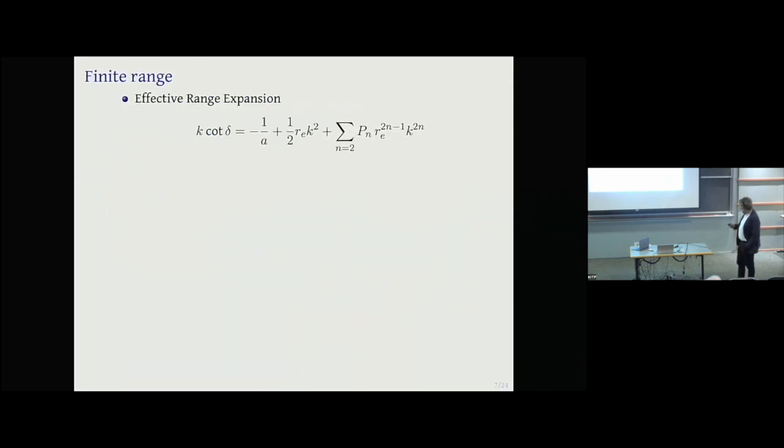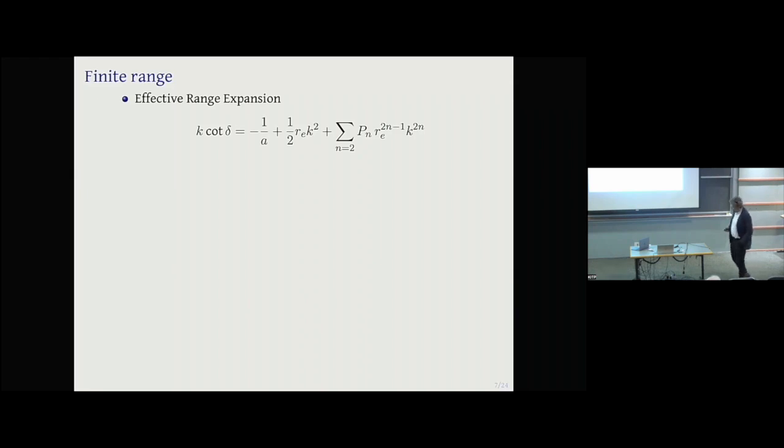So in the end, the zero range description, what I described just now, is like writing the effective range expansion, just considering the first term of this expansion, so just the scattering length. But we know that there are other terms. There is the effective range, and there are shape parameters.